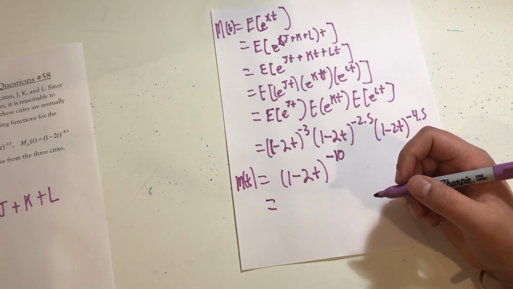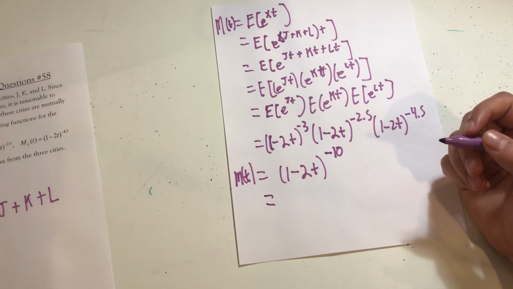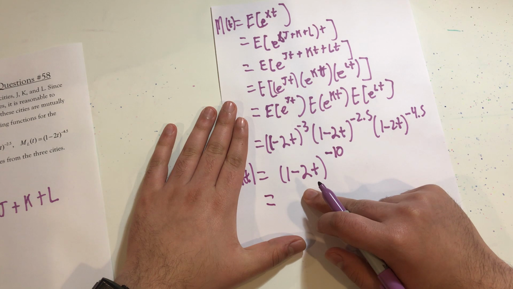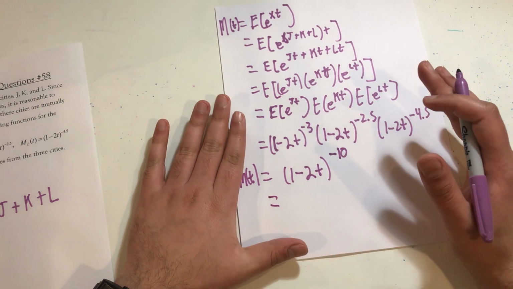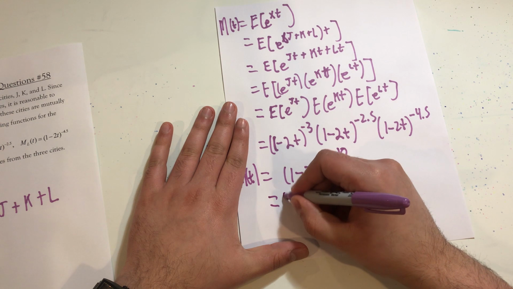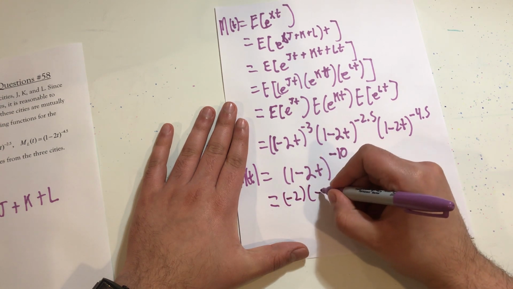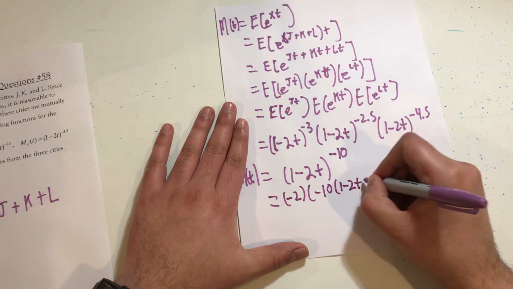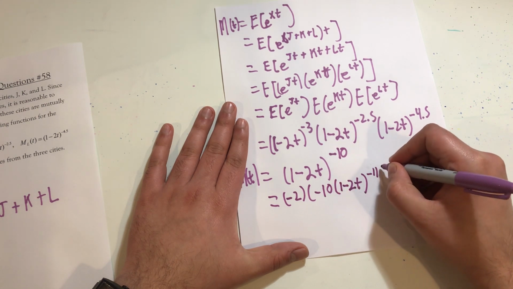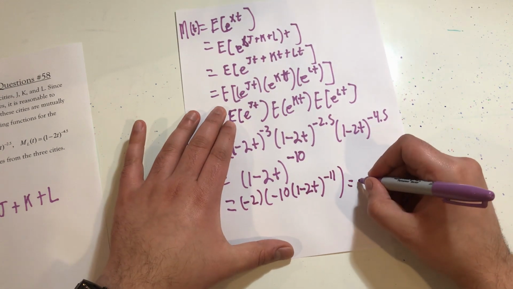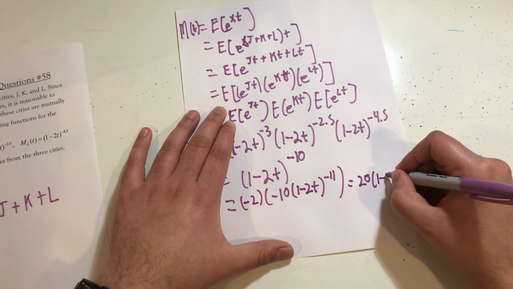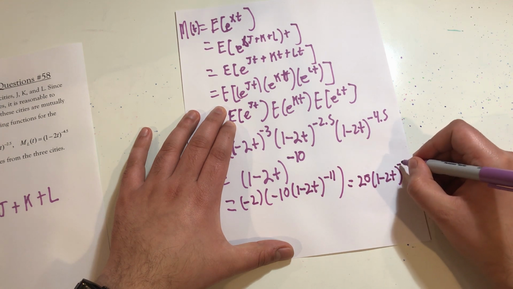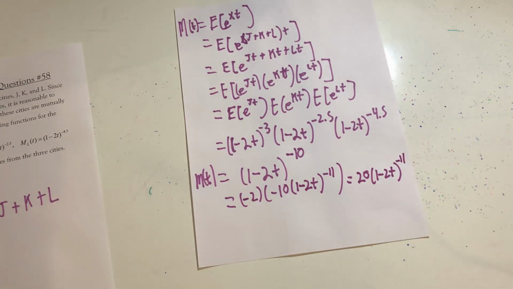For chain rule, inside-outside term, it's going to be the derivative of the inside, which should be negative 2, multiplied by the derivative of the outside, so it's going to be negative 2, multiplied by negative 10, times 1 minus 2t to the negative 11th, which should then equal positive 20, 1 minus 2t raised to the negative 11th.